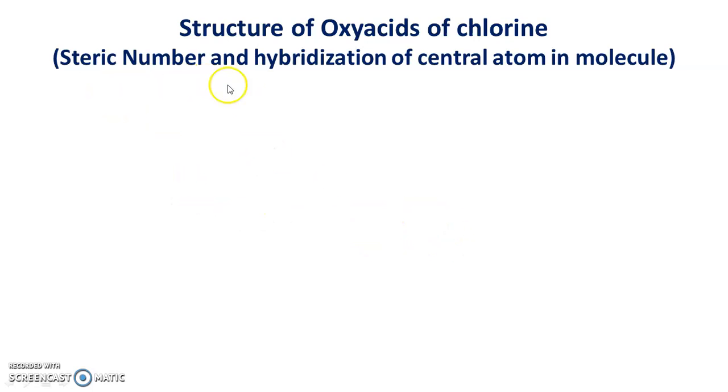Now in this video we are going to discuss the structures of some of the oxyacids of chlorine, what the steric number is, and what the correlation is between steric number and hybridization of the central atom. The central atom undergoes hybridization. It can be sp3, sp3d, sp3d2.